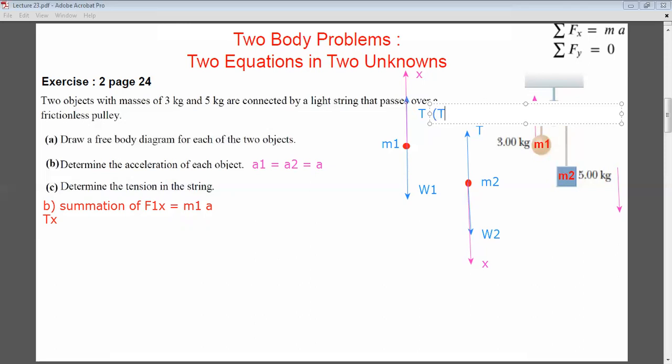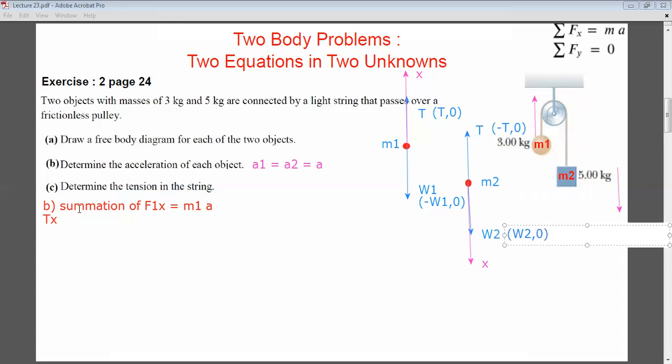This is all of T with a plus sign, and it has no y component. It's all on the x-axis. W1 is all on the x-axis, but we have to pay attention that it's minus. For the second object, this T is also all on the x-axis, but it's in the opposite direction of the x-axis. And W2 is with the x-axis, so it's all of W2, plus.